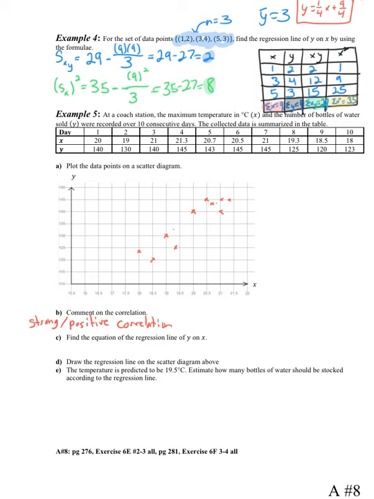Okay, and then I find the equation of the regression line. I want to plug that into my calculator and then follow that stat plot thing and the 2 variable stats thing that they talked about in order to find that equation. And once you do that, you guys should come up with something here.